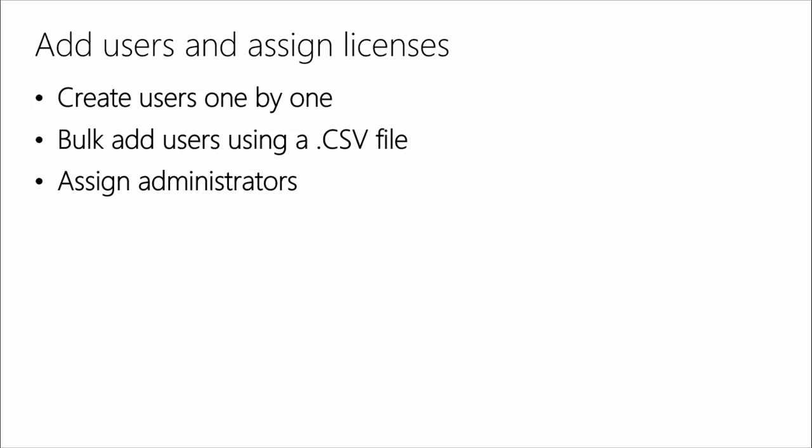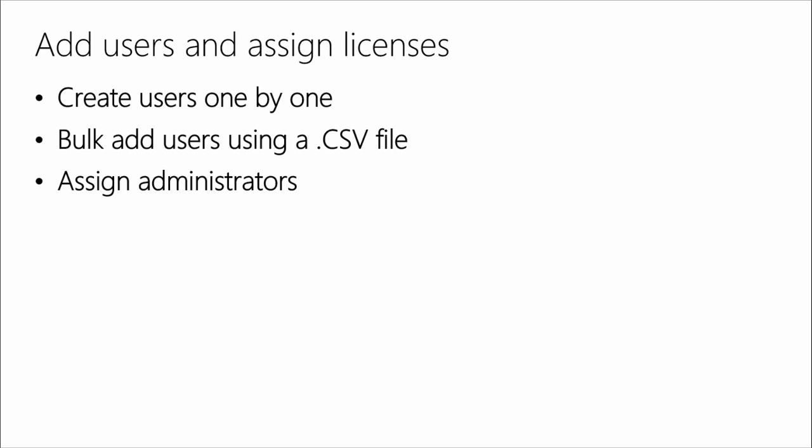So when we create new users, we can do it one by one. If you're a small organization, you can do this one by one, create them, click through all the options and all the steps. It's not that difficult, but if it's more than a couple of users, then you may want to look at other options to go and create users.